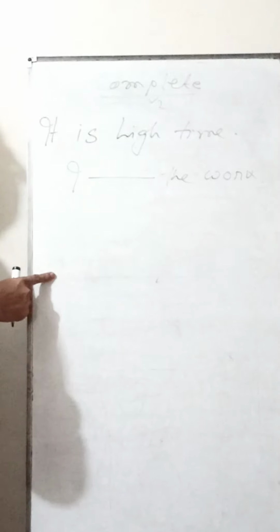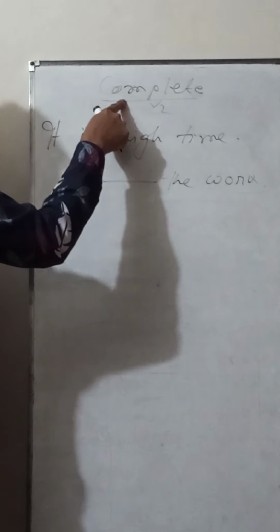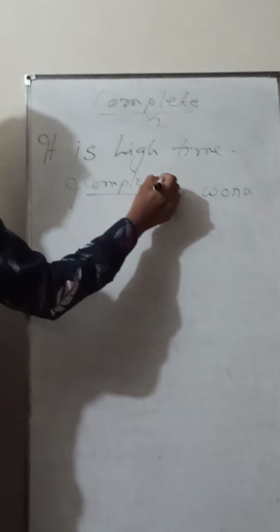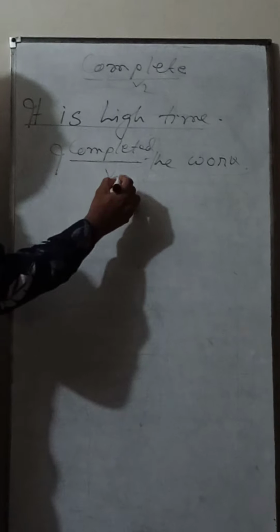And what is the V2 of complete? Completed, C-O-M-P-L-E-T-E-D, completed. And if you find a sentence it is high time, the second verb will be V2 always. So you have to memorize this. You have to remember, you have to study hard at your home. Okay? Now I am going to another structure.